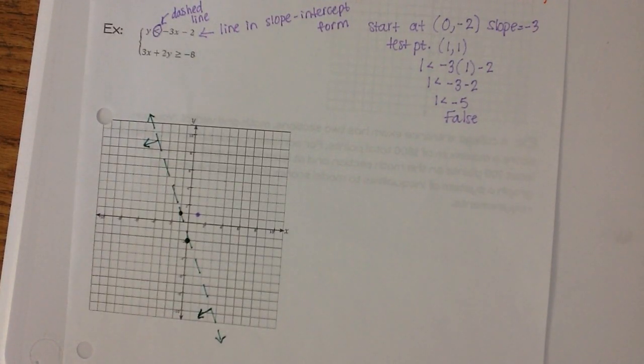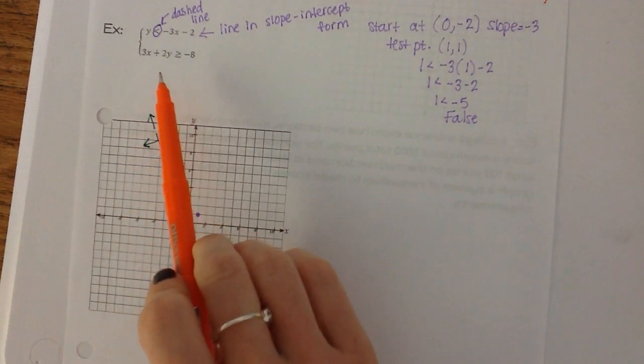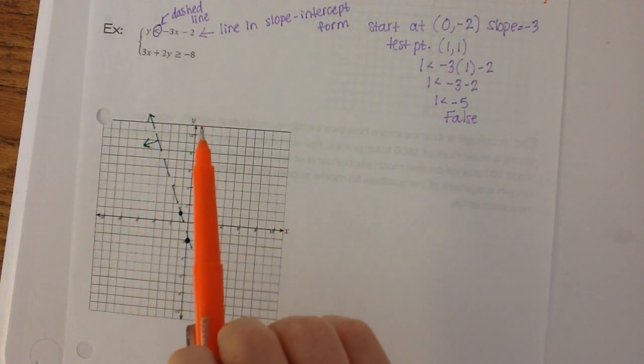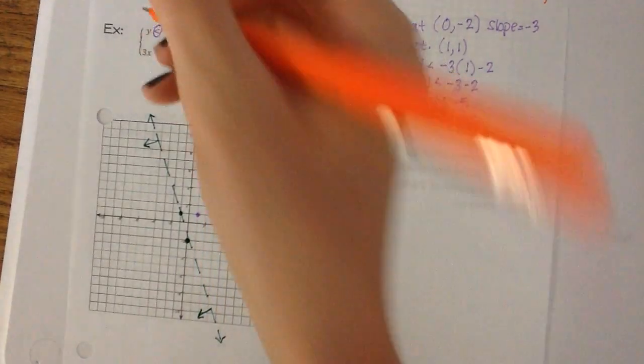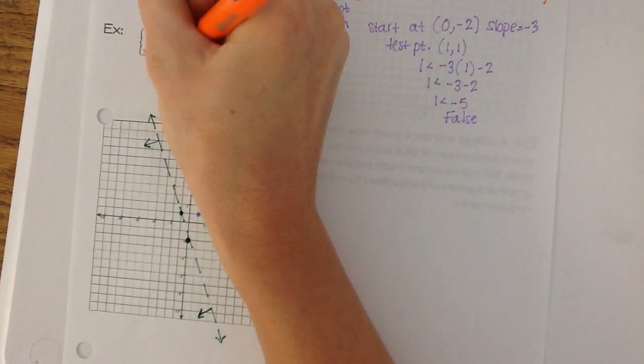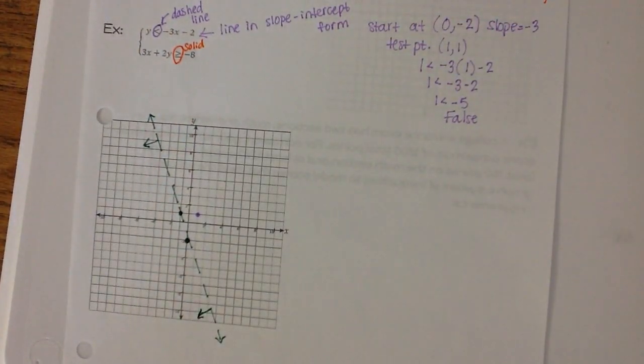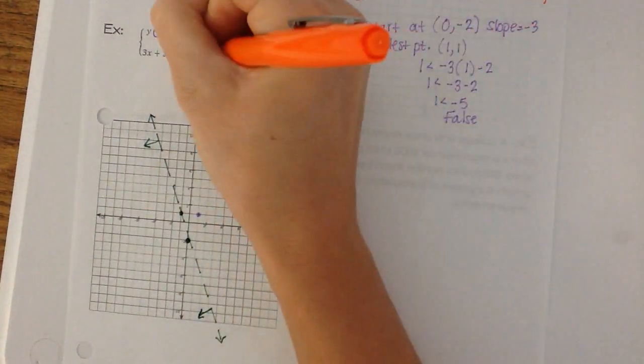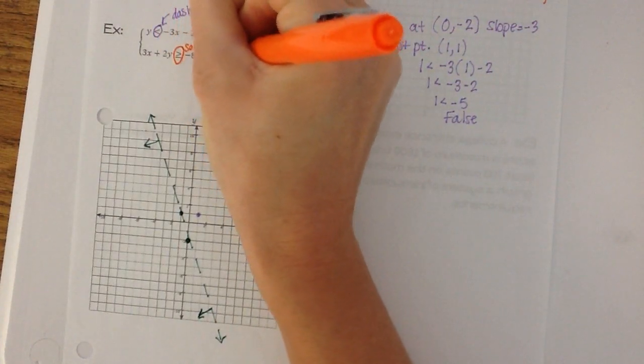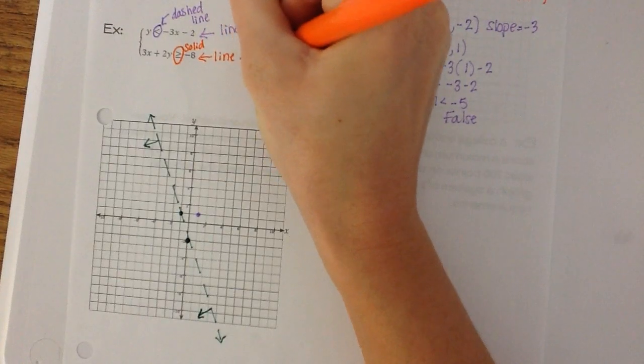Okay, so let's look at our other equation. So we have 3x plus 2y is greater than or equal to negative 8. Okay, so the first thing we can see is that this is going to be solid because it is greater than or equal to. So we can also see that this is a line that is in standard form, so we are going to use the cover-up method.